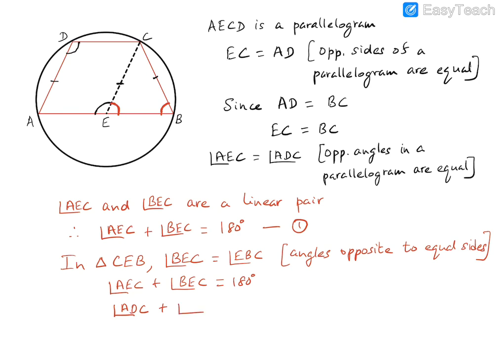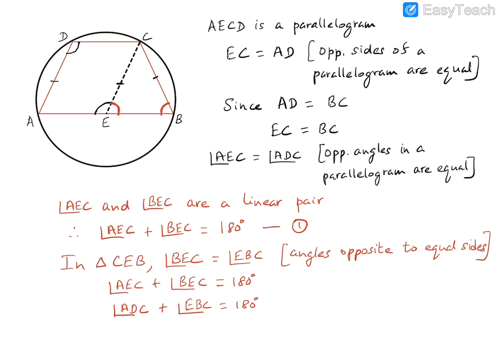So that is equal to 180 degrees. So we have basically substituted in equation 1 the opposite angles which were equal that we have obtained earlier. In place of AEC, we have substituted ADC because AEC is equal to ADC. We have shown it earlier. And similarly, in place of angle BEC, we have substituted angle EBC. So now we have angle ADC plus angle EBC as 180 degrees.